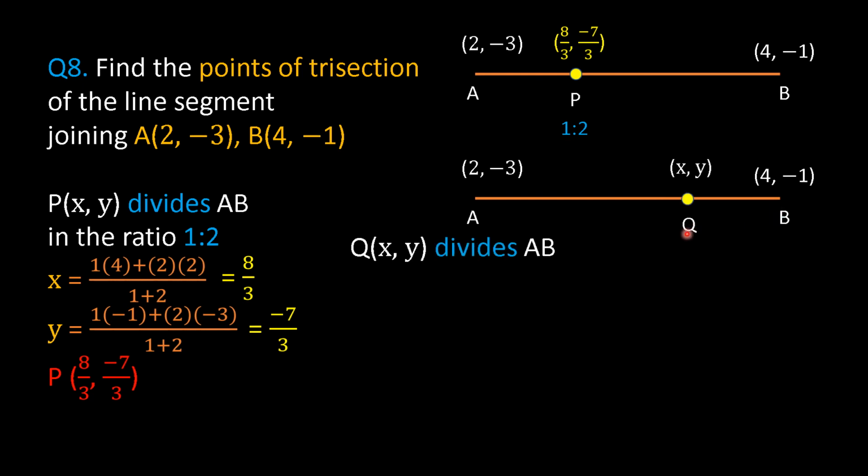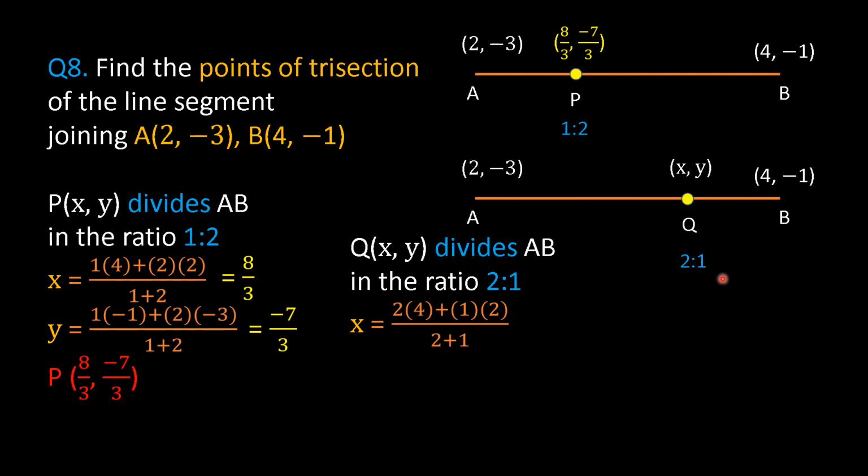The second point Q divides segment AB in the ratio 2:1. So therefore, its x coordinate will be (2 into 4 plus 1 into 2) upon (2 plus 1). So that will be 4 2s are 8, 8 plus 2, that is 10 by 3.